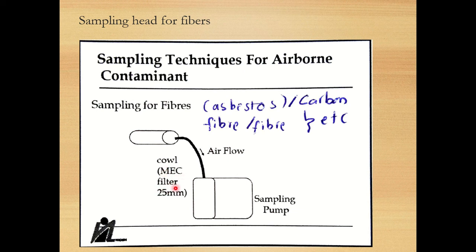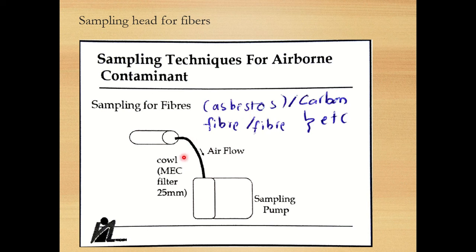Okay, let's recap on asbestos. What is asbestos? Asbestos is a contaminant with the characteristic of being thin, having a length larger than 5 micrometers and a width of less than 3 micrometers.